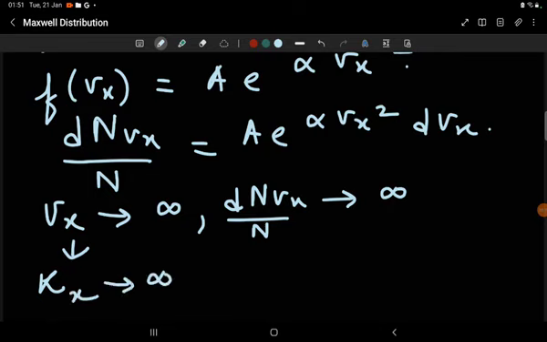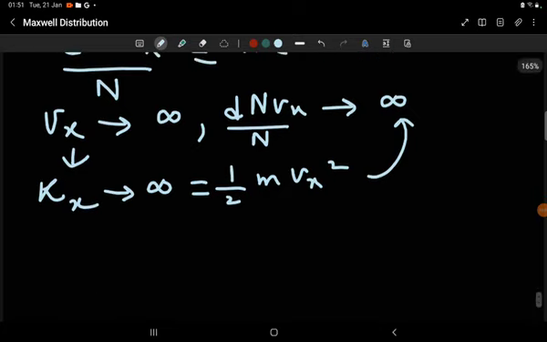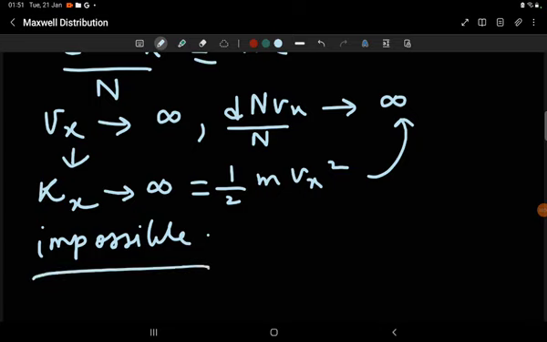That would mean a probability of finding a molecule with infinite kinetic energy, which is not possible because the probability of an event cannot tend towards infinity. If it is normalized, it should lie between 0 and 1. So the second equation is an impossible situation.